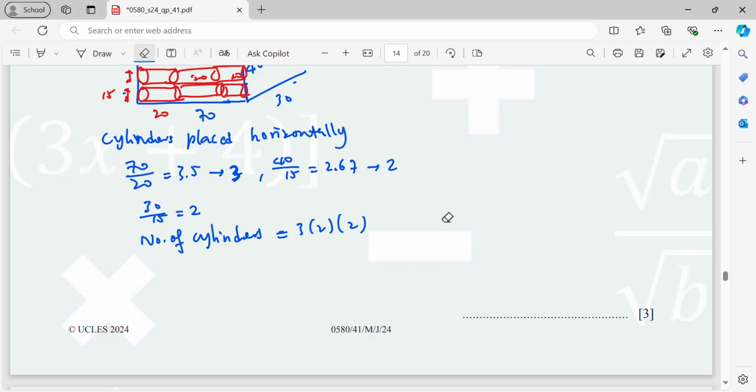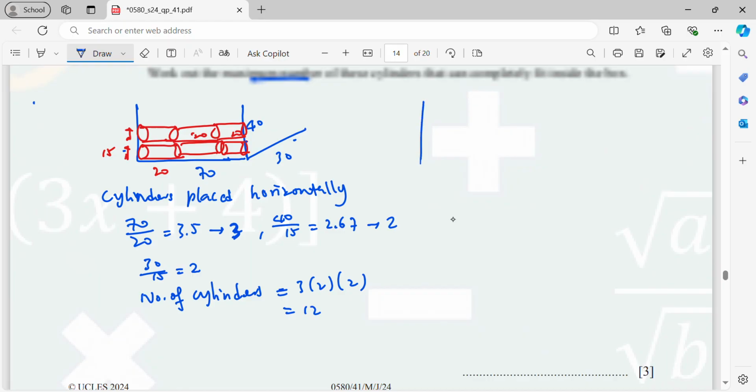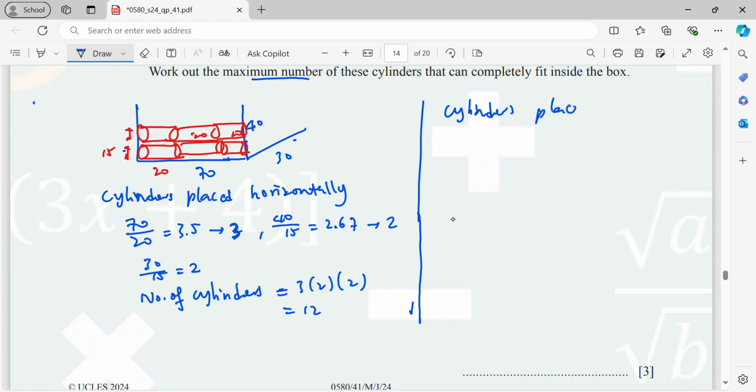Now, if I put the cylinder vertically, okay, that means now, right, so I put vertically like this.